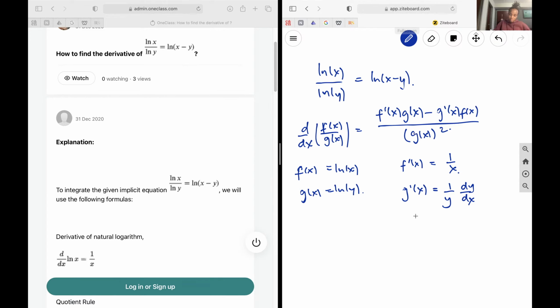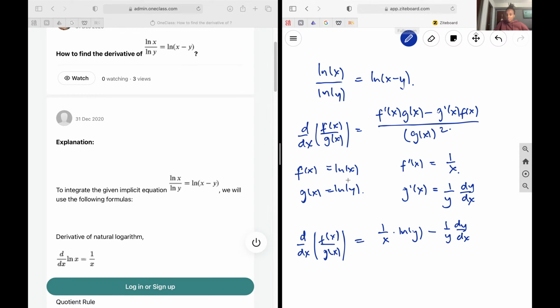But yeah, and so when I put that all back in, I get that d over dx of f of x over g of x is going to be equal to, so the derivative of f of x, so 1 over x multiplied by g of x, so ln y, minus the derivative of g of x, so 1 over y multiplied by dy over dx.